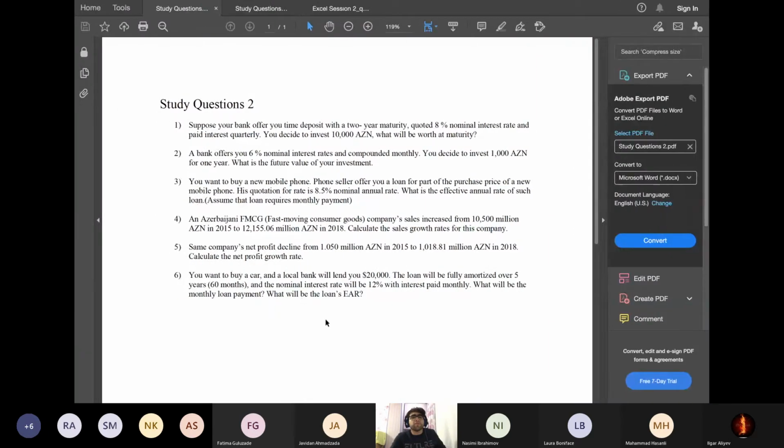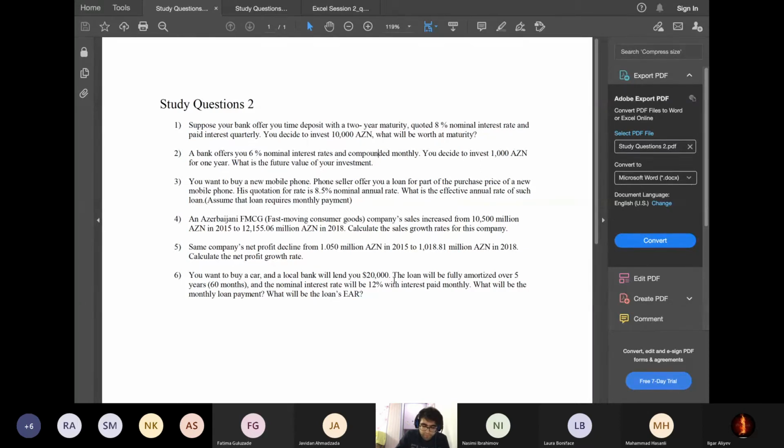The last question: you want to buy a car and the local bank will lend you $20,000. The loan will be fully amortized over 5 years and the nominal interest rate will be 12%, paid monthly. What will be the monthly payment? It is just the present value formula. So we have here the amount of money you took from the bank, $20,000.